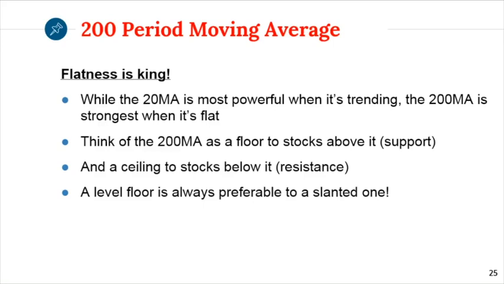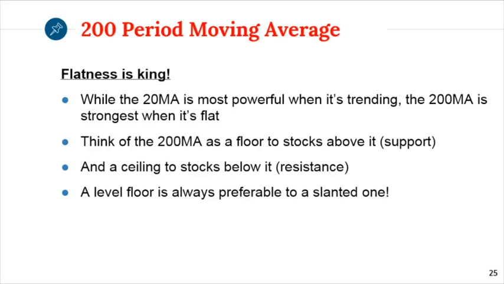Okay. The 200 period moving average is a long-term moving average, and because it's not used for trend-based trades, flatness is king. You want it to be as flat as possible in order for it to be effective.